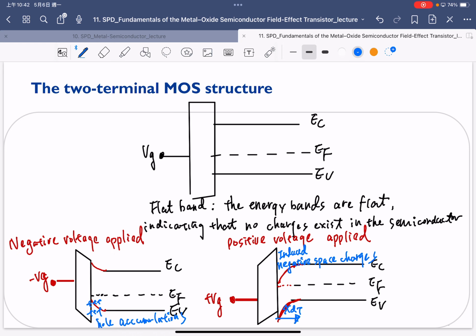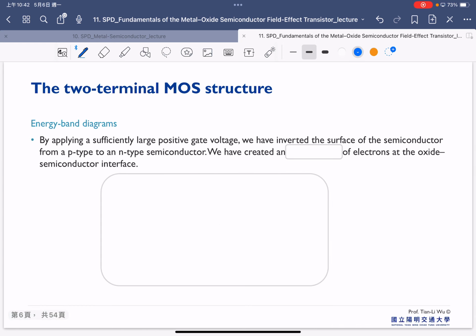And the next one we will look at is the case where we apply a sufficiently large positive bias. So if we apply a sufficiently large bias here, our VG will become here.